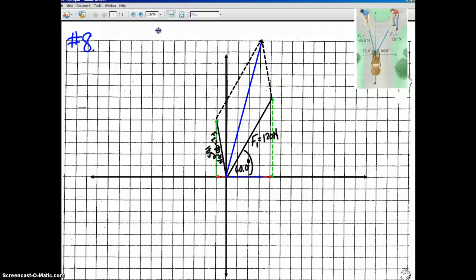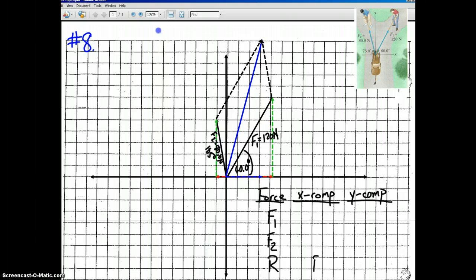we're going to go ahead and set up a chart. Okay, so the chart will look something like this. We've got force for a heading, x component, y component. Keep our information all organized. We have forces F1, force F2, and of course our resultant.